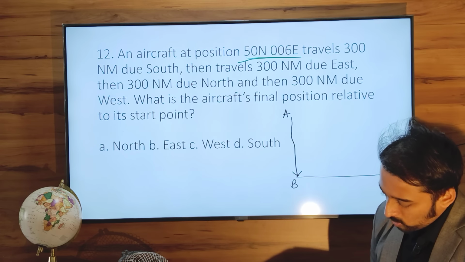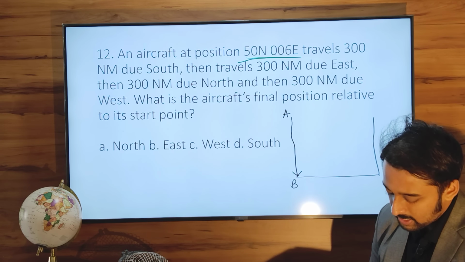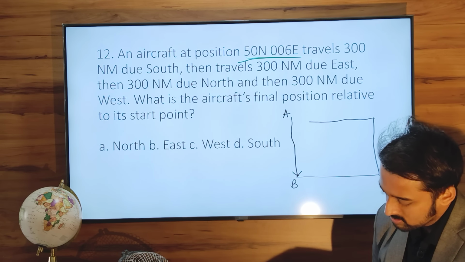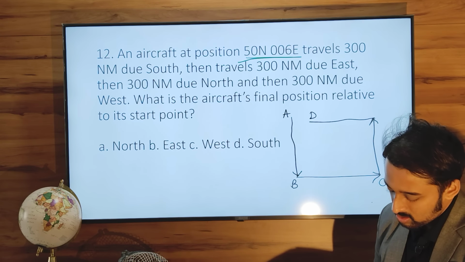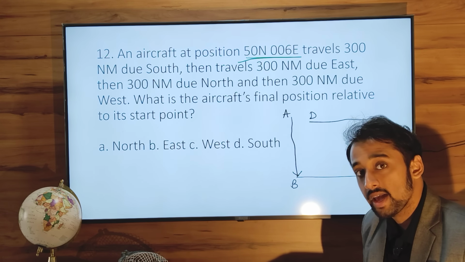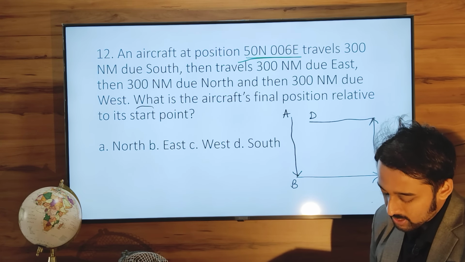Then it travels north. And then it travels again west. What is the final position of the aircraft relative to the starting point?